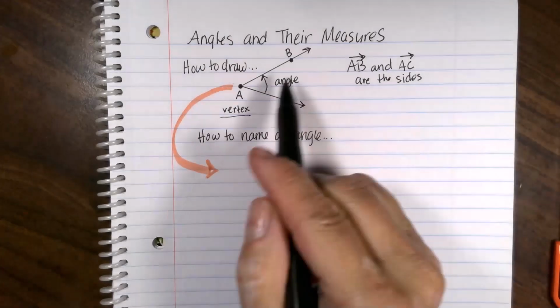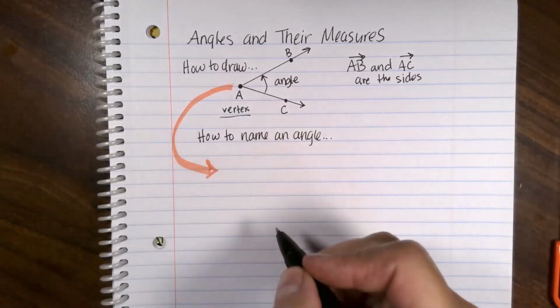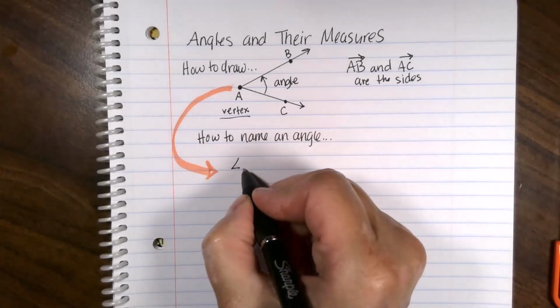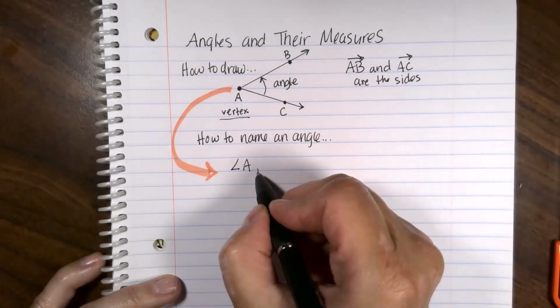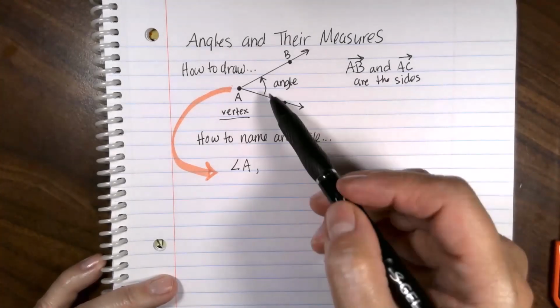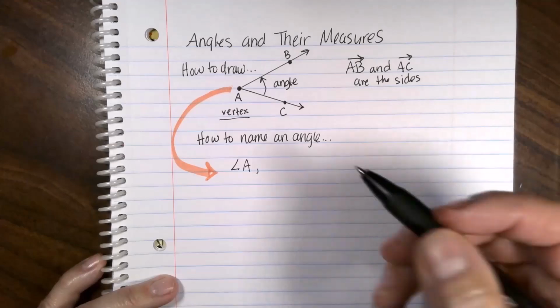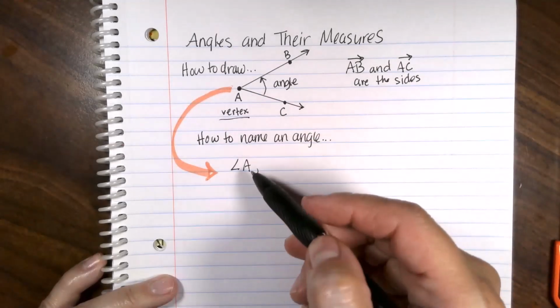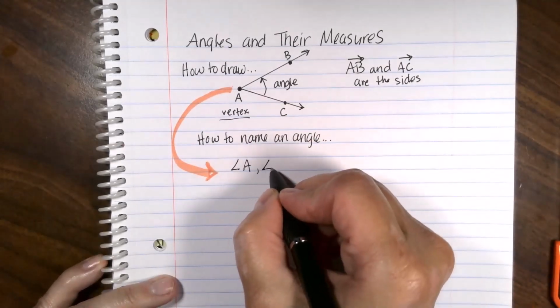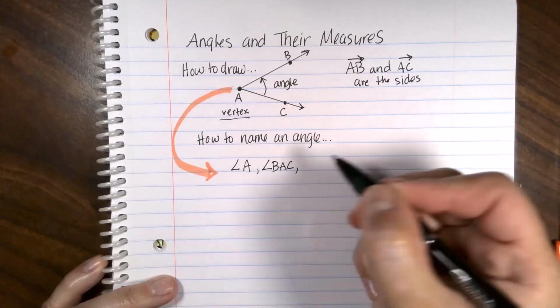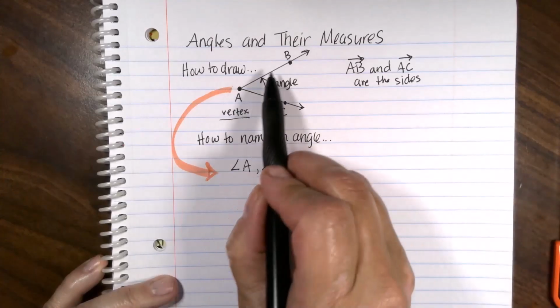There's only one angle here, so I can use the angle symbol and say just the vertex name. That's one way to do it. But usually you're going to have a little more complicated of a diagram, and we name it with 3 letters, and the vertex has to be in the middle. So one way to name this angle would be BAC, and you could also go the other way, CAB.